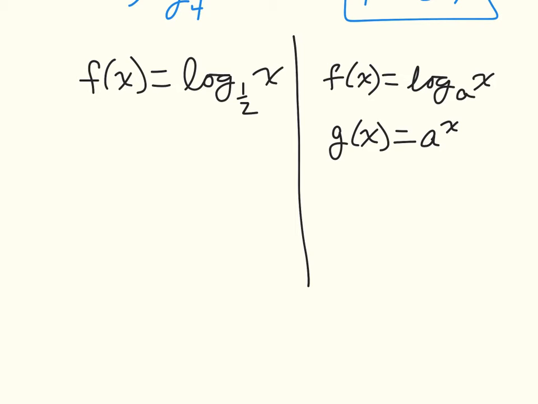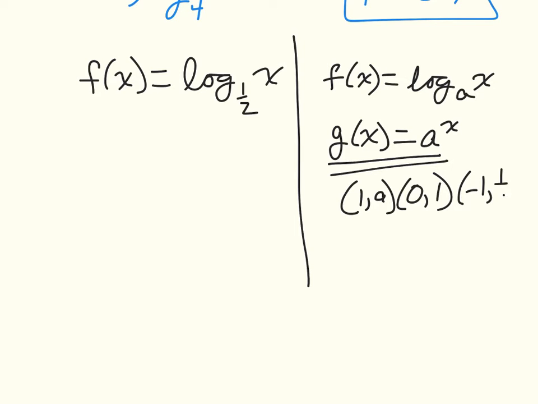If you'd like to see how that's the case, stick around after class sometime and I'll show you that they're inverses. Now, we know from our last lesson that this second function, the exponential function, goes through the points (1, a), (0, 1), and (-1, 1/a).